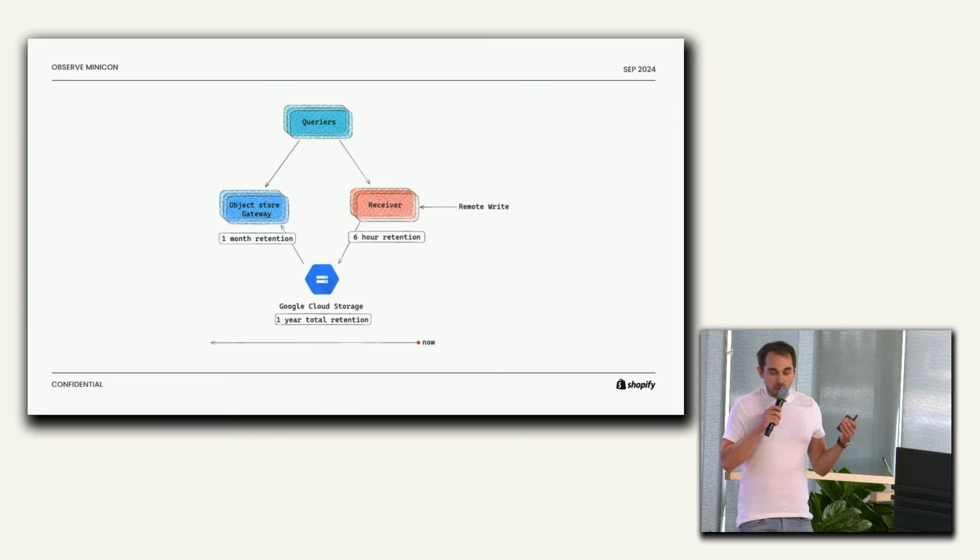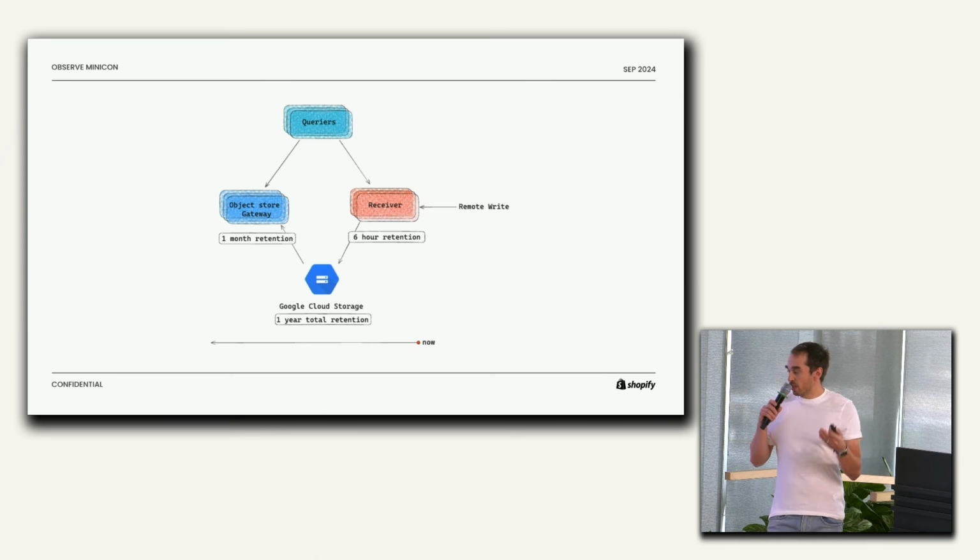That store gateway component would return relevant data for the query, and the querier would execute the query on the joint data set. Due to costs, we were only able to load data for about a month. So even though we had data for a year, we could only load about a month and expose it via dashboards.